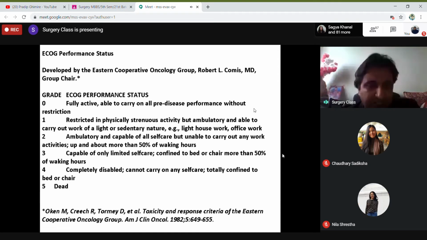It is classified into 0, 1, 2, 3, 4, 5. Most patients are in grade 0, 1, 2, and very few are on 3, 4, 5. Remember, ECOG performance status has to be mentioned.